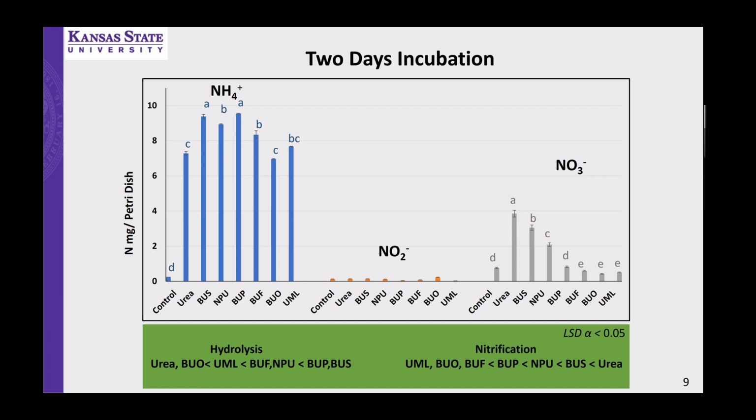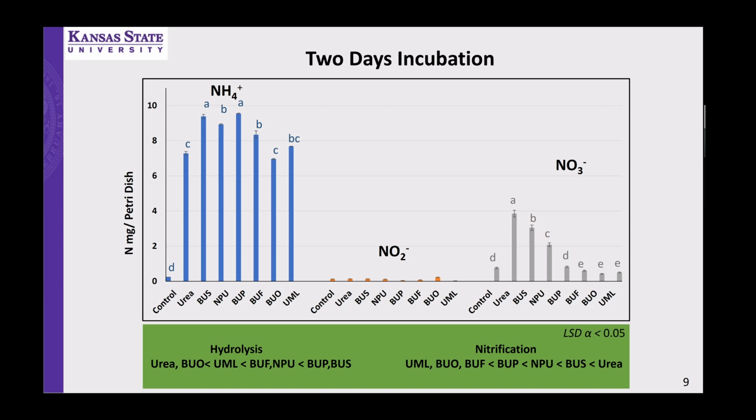And as you can see, the hydrolysis, which is described on the left-hand side, urea is almost to the far left, and the co-crystals do not necessarily slow down the production of ammonia, but on the right-hand side, if you look at the nitrate production, urea is going to produce substantially more nitrate than all the other co-crystal formulations of urea itself.